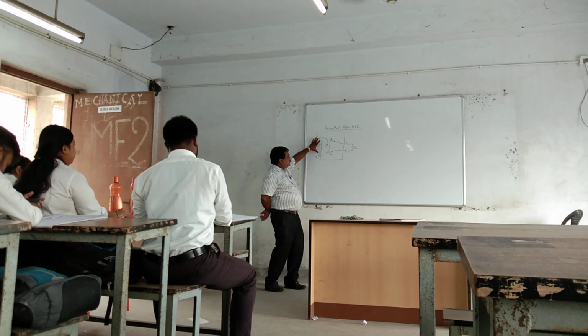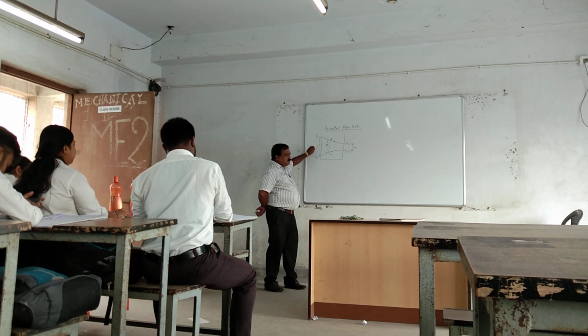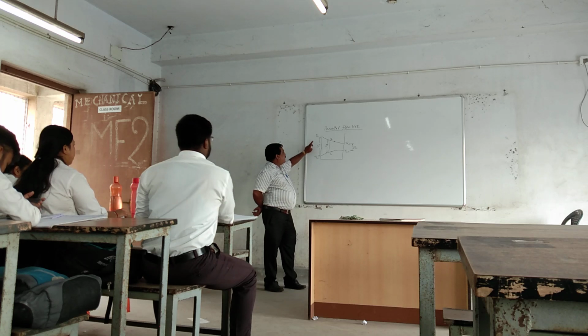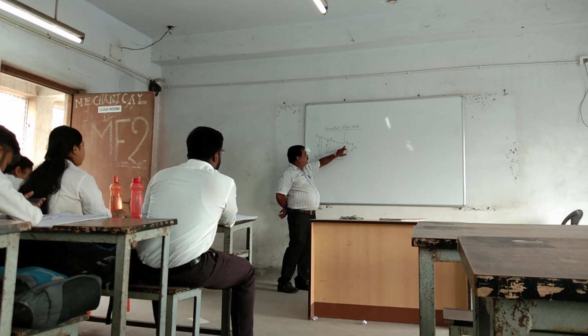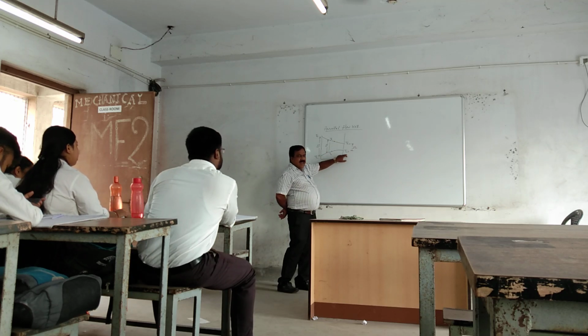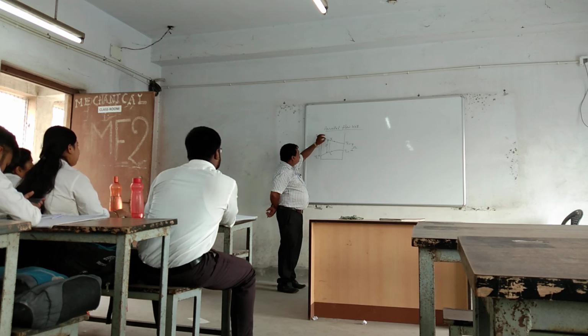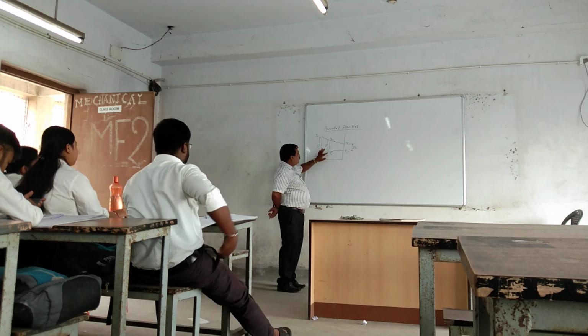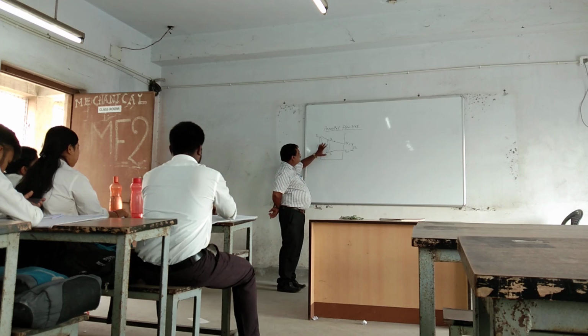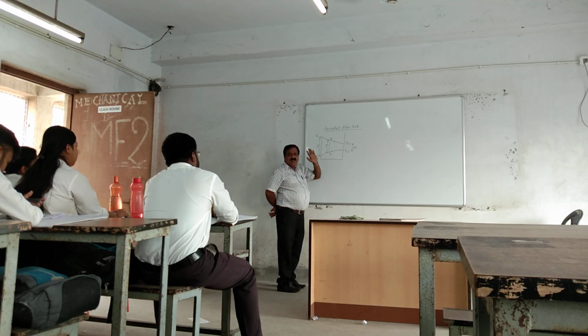This side temperature difference we have considered delta T1, which is THI minus TCI. That side is delta T2, TH2 minus TC2. At any instant, we have considered the temperature of hot fluid TH, temperature of cold fluid TC. At that instant, their difference is, suppose, delta T.